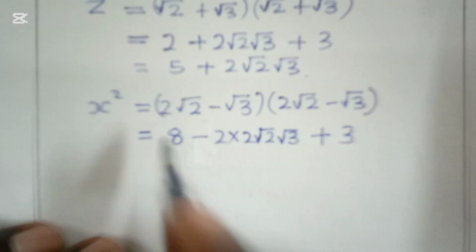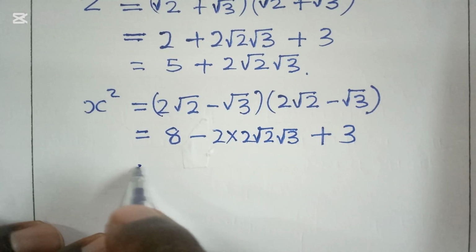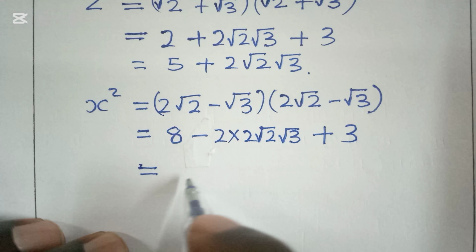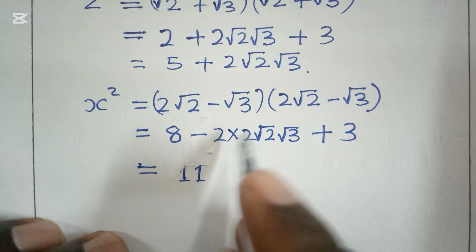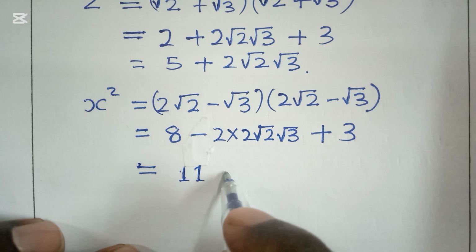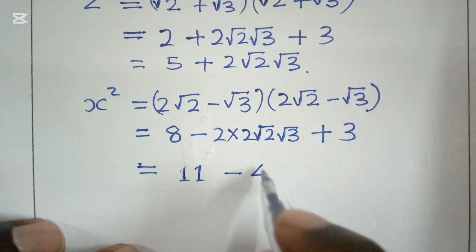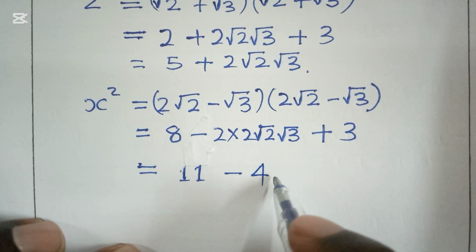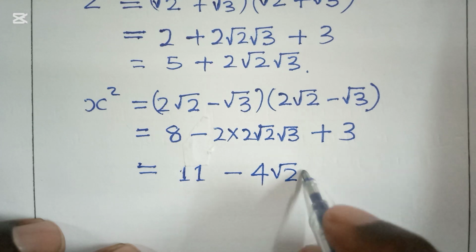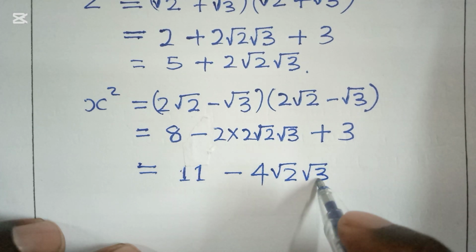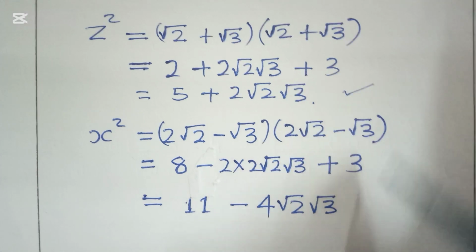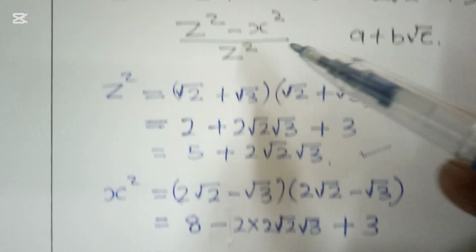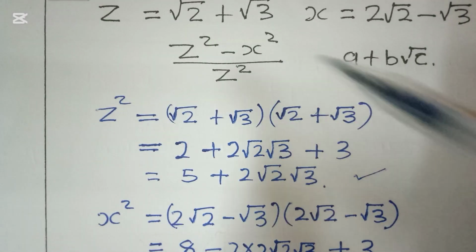And so therefore, guys, our solution for that is going to be 8 plus 3 is 11. Then here we have 4 minus 4 square root of 2 square root of 3. So guys, with those two values, we can now work out whatever we are asked here.